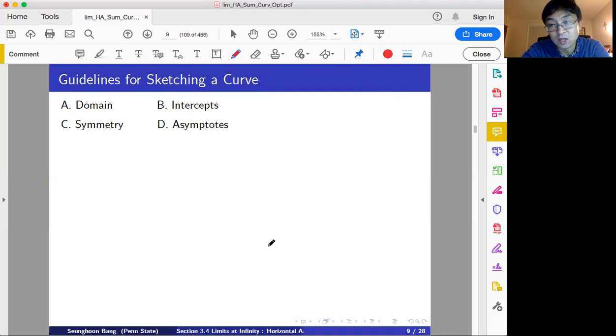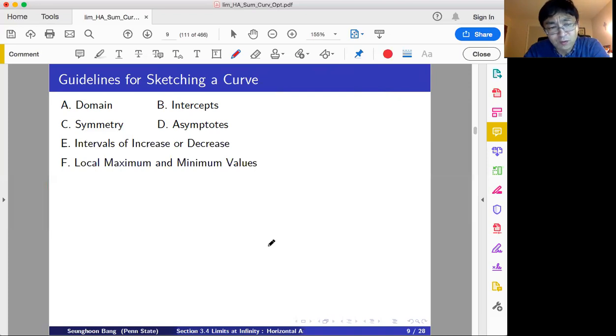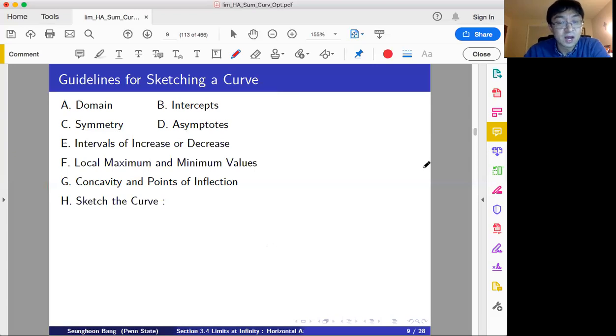Sometimes you need to find the slant asymptote. Next, check whether the function f is increasing or decreasing. Next, find local maximum and local minimum. Then G, check concavity and find points of inflection. The last one, sketch the curve. How can I sketch the curve? We can follow these steps.